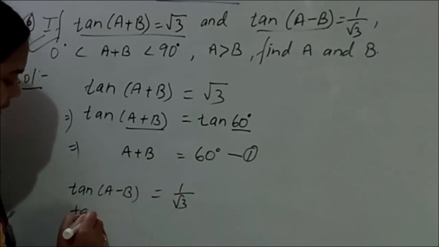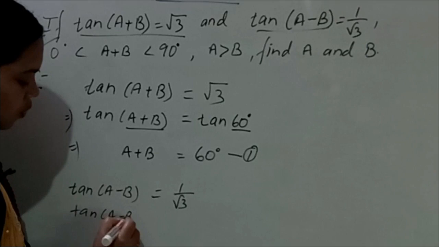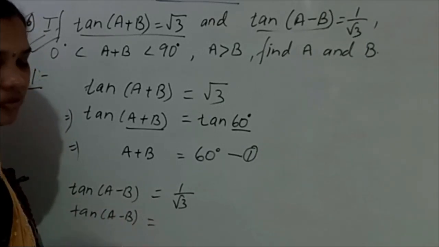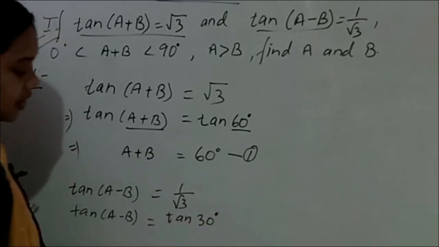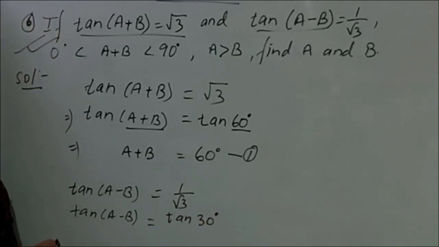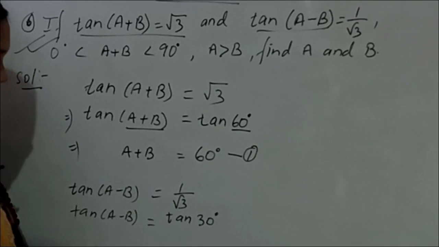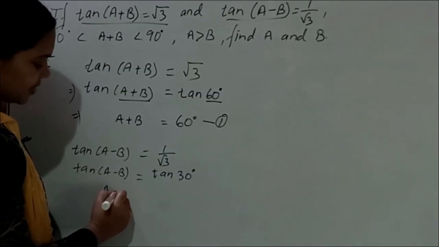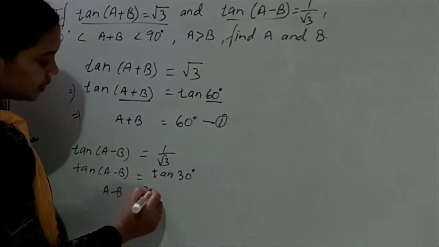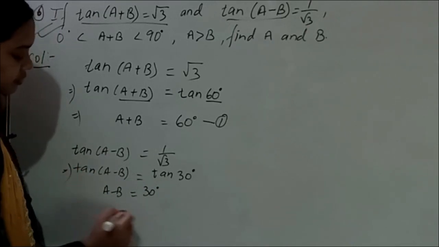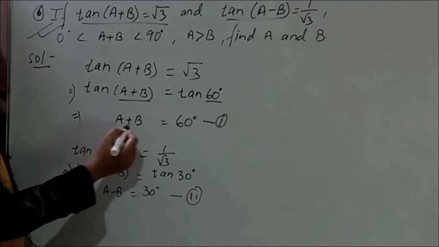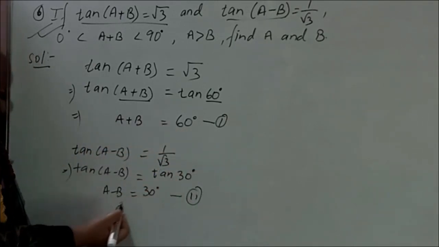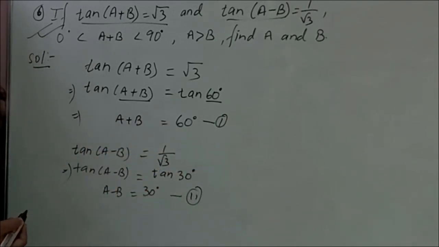So tan a minus b. 1 by root 3 is the value of tan 30 degree. Very good. It means a minus b is equal to 30 degree. This is equation number 2. a plus b equal to 60 and a minus b equal to 30.